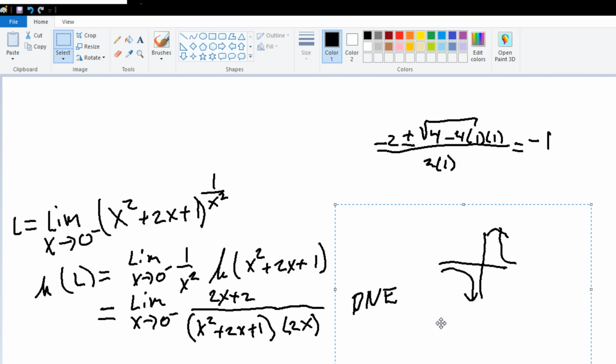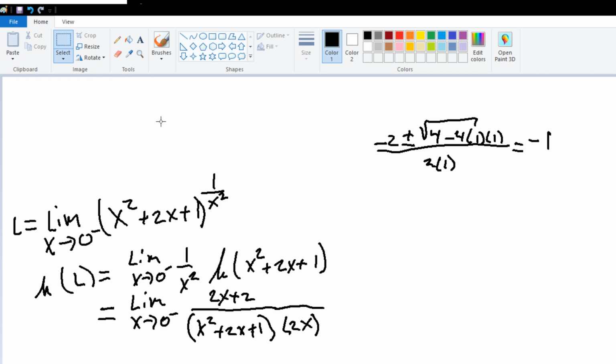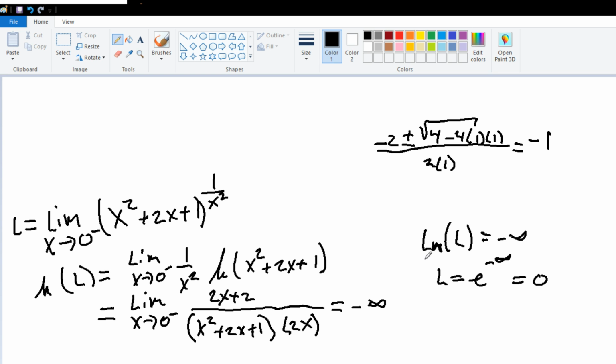That would mean that our limit here is negative infinity, and that means that the natural log of L equals negative infinity, so L equals e to the negative infinity, which equals 0.